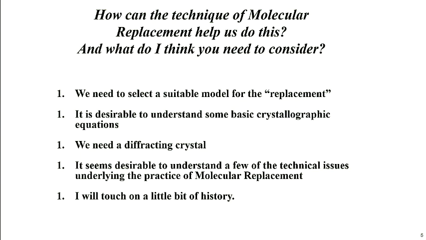It's certainly going to help you when things get difficult if you understand some of the basic crystallography, and I'm just going to touch on that, but as I say, maybe people know it, maybe they don't. Your crystal has to diffract, of course, and that's another problem. Then I'm going to touch on the technical issues underneath molecular replacement, but there are going to be a lot of talks about that later in the meeting, so I won't do that. And I've been asked to talk a bit about the history, for what it's worth.